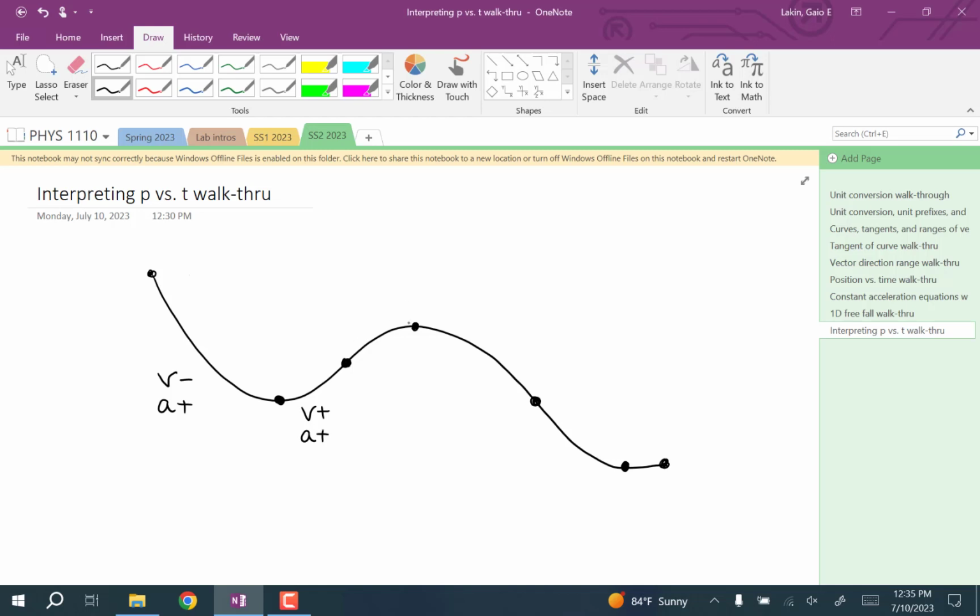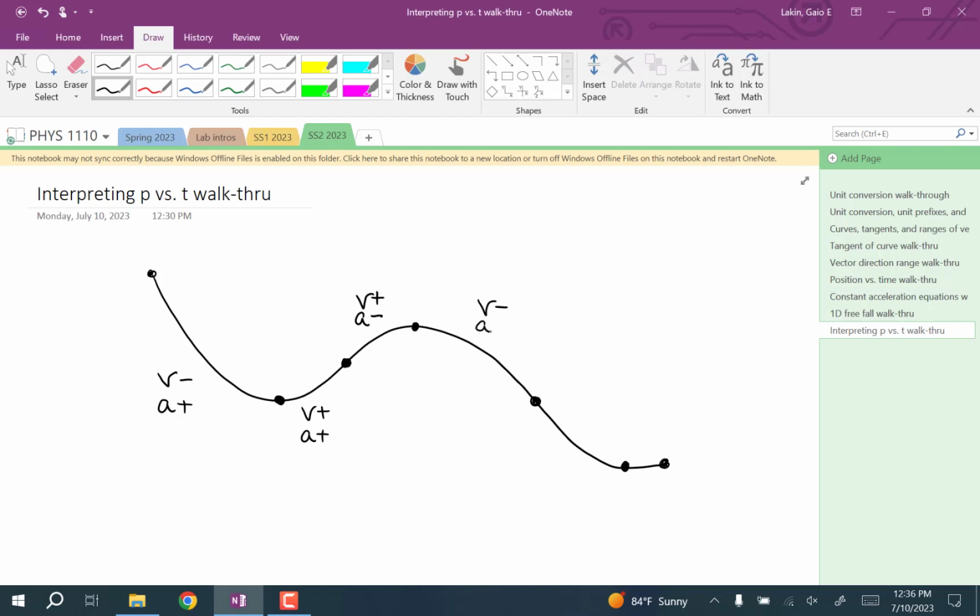Between these 2, the slope of the tangent is positive, so that's a positive velocity. It's concave down, so that's a negative acceleration. Between these 2, pause the video for a second and see if you can identify the signs of the velocity and acceleration between those next 2. Okay, well, the slopes of the tangent lines are negative, so that's a negative velocity.